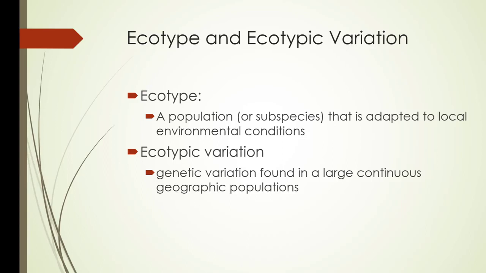So ecotypes are populations or subspecies that are adapted to local environmental conditions. Ecotypic variation is genetic variation found in a large continuous geographic population.